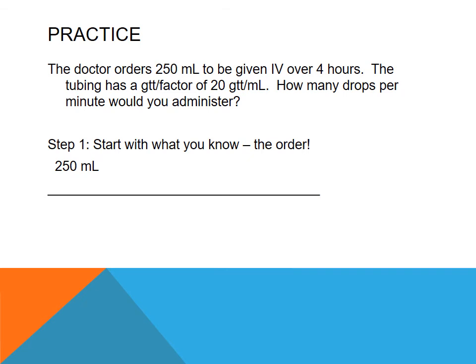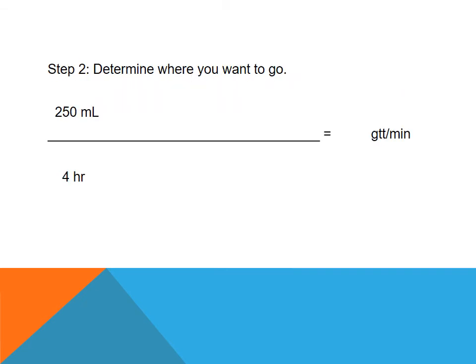So step 1, we know that we have 250 mLs to be given over 4 hours. So you see the 250 is over the 4. We then want to start implementing our conversion factors.